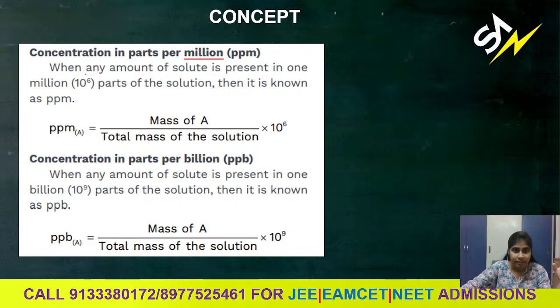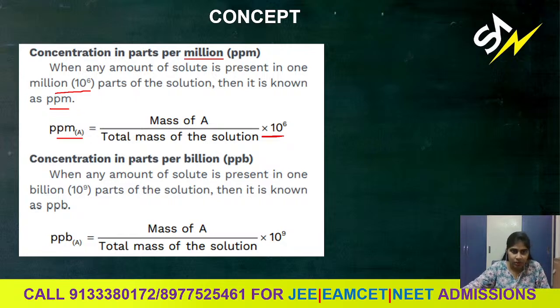When any amount of the solute is present in a million, that is 10 to the power 6 parts of a solution, how much amount of solute is mixed with the millionth part of a solution is known as parts per million. That is given by the formula: mass of A by total mass of the solution into 10 to the power of 6. Here this 10 to the power of 6 represents the millionth part.